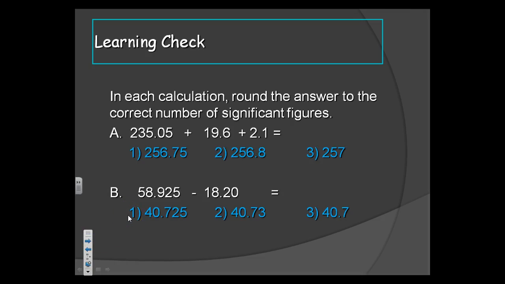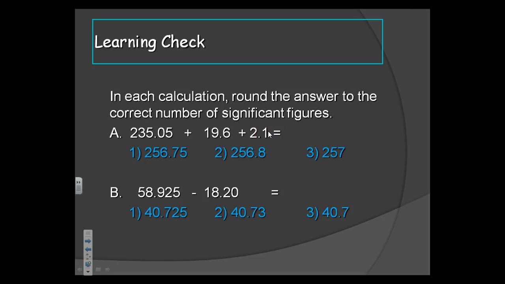If we look at some practice here, we're just adding some numbers in A, and here we have 2 decimal places, and that's really what we're going to focus on because that's the rule for adding and subtracting. Then we have 1 decimal place in this measurement and 1 decimal place in this measurement.